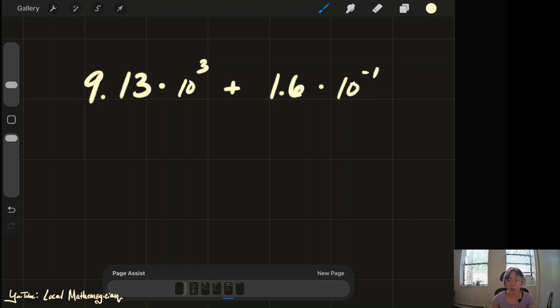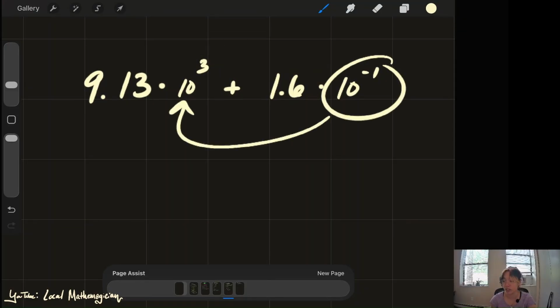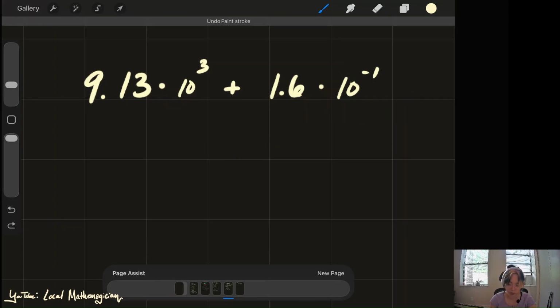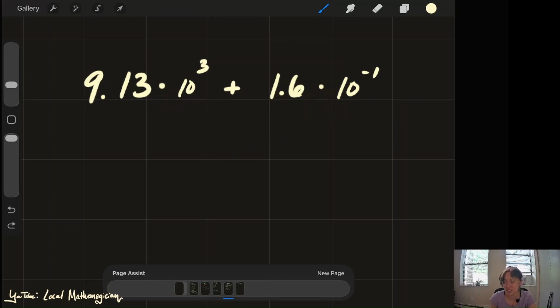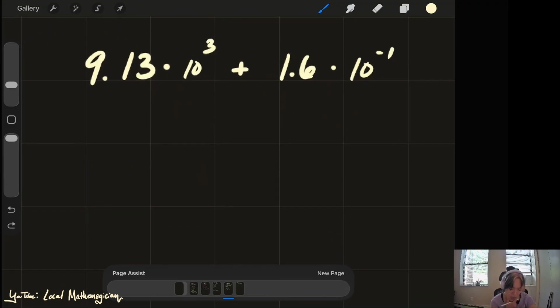Okay, couple options. You can either make this number's exponent turn into negative 1, or you can make this number's exponent positive 3. Both are fine. They both kind of suck. Or you can pick a number in the middle. You could bring it to 0, I suppose.